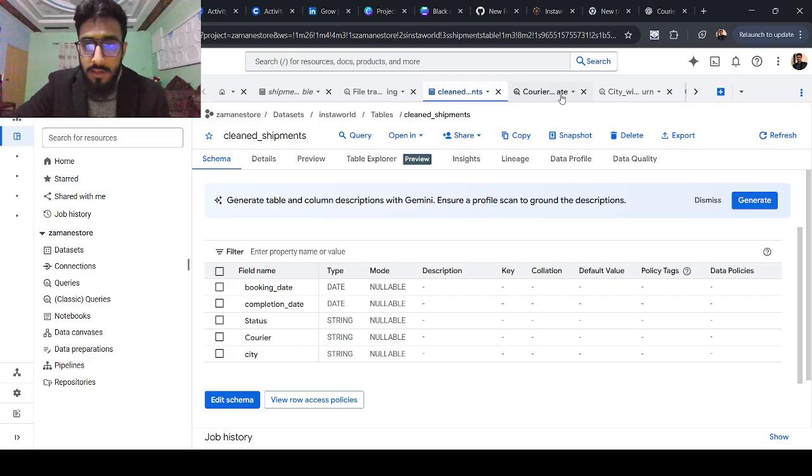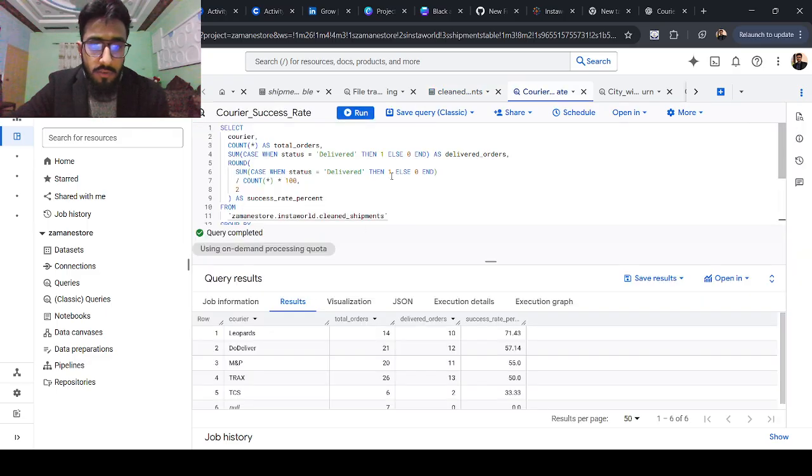After that, we performed the analysis to get the success rate of each courier service. As we can see here, Leopard is giving us the highest success rate percentage. We can see the total number of orders that were assigned to Leopard, and the number of successfully delivered orders assigned to Leopard, right?